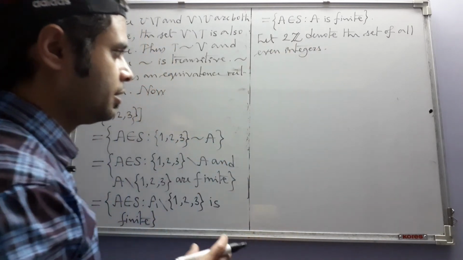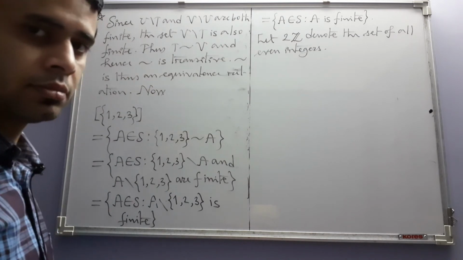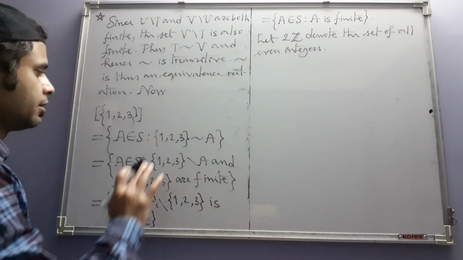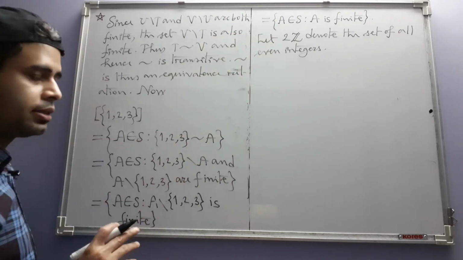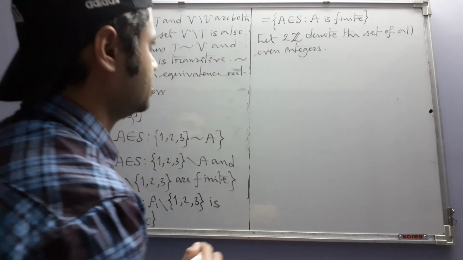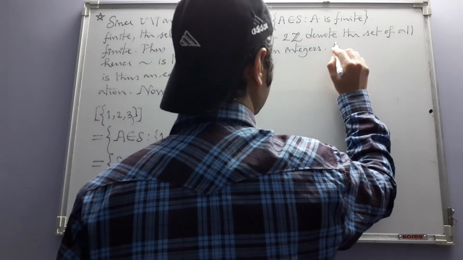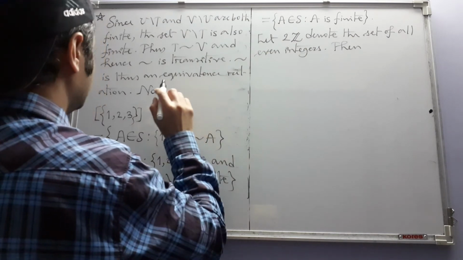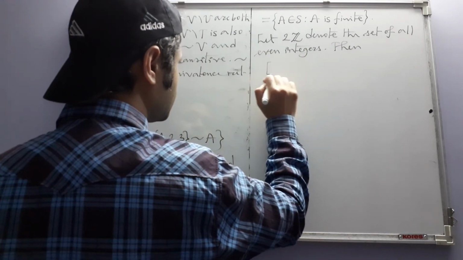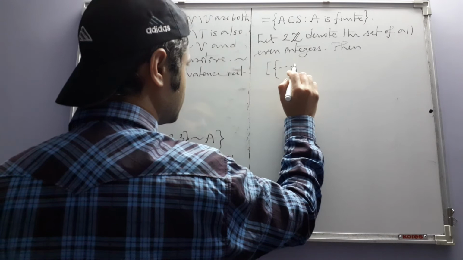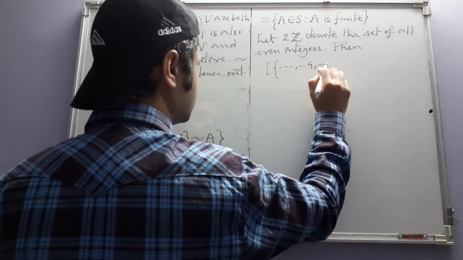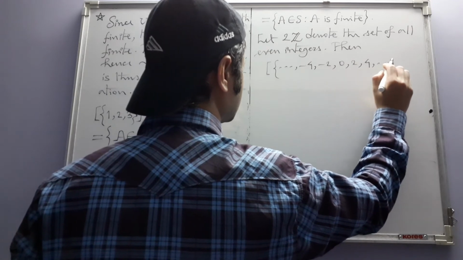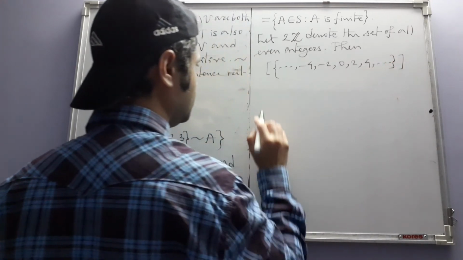It's a notation that is not something that I am making up now, but it's there in the literature. This usually denotes the set of all even integers. Then our second equivalence class is just that, the class containing the set of even integers.